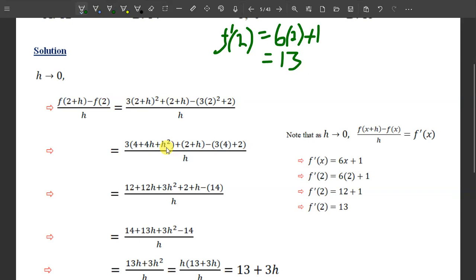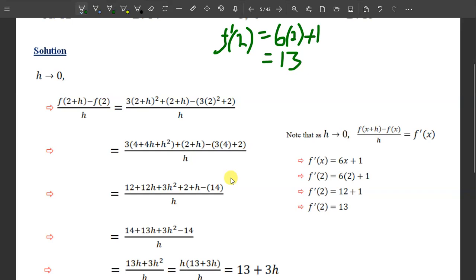We have proved this in grade 9, in grade 10, and in your previous lesson you have seen such mathematical expressions. Plus here we have 2 plus h, minus 3 times 4 is 12, and 2 is 14, over h as h goes to 0.